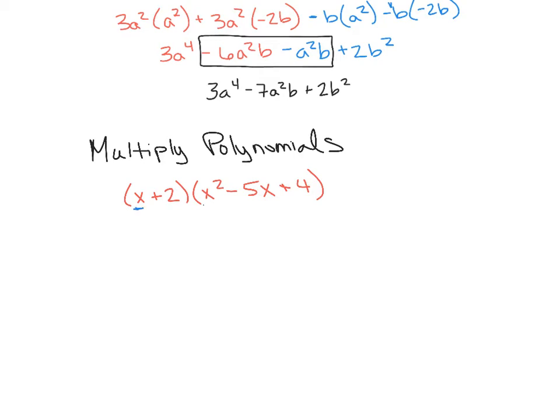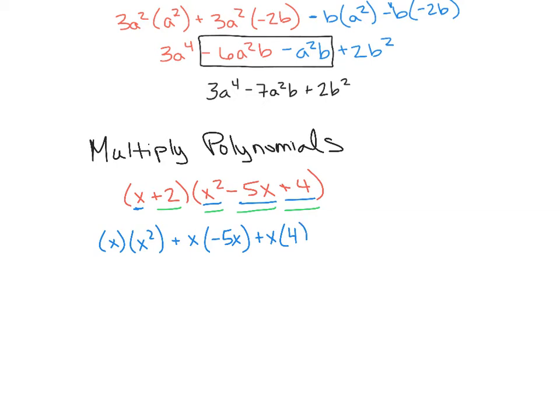We take the x times x squared, the x times negative 5x, and the x times positive 4. So we have x times x squared plus x times negative 5x plus x times 4.